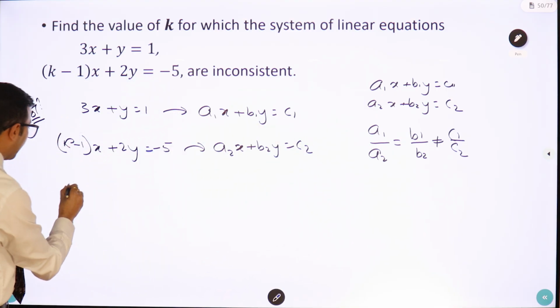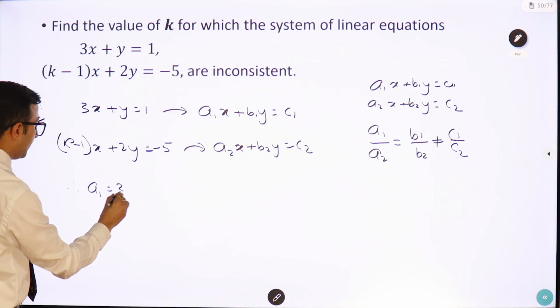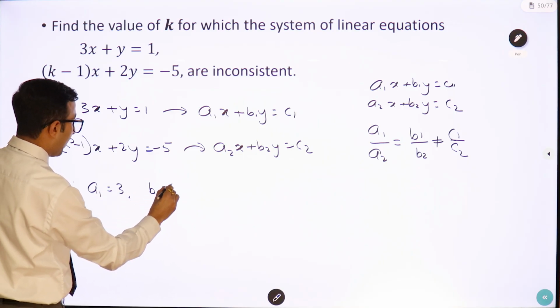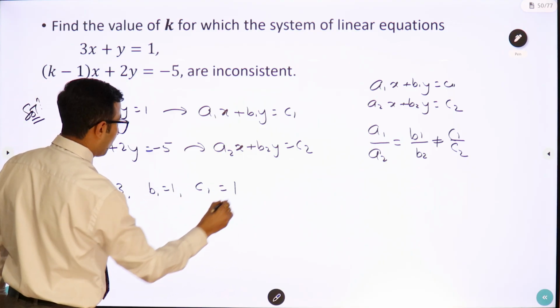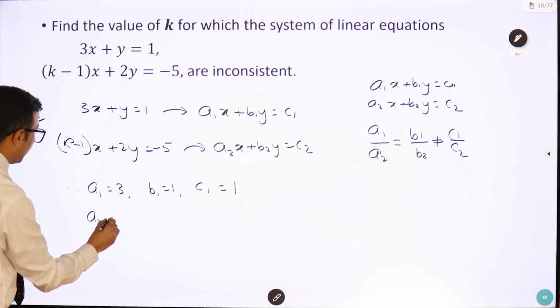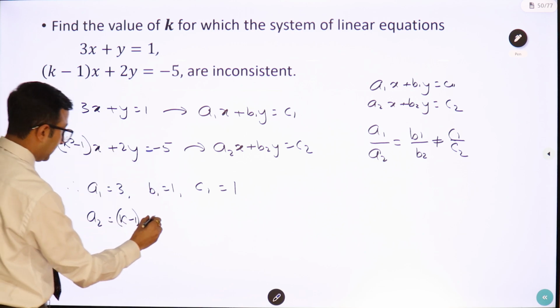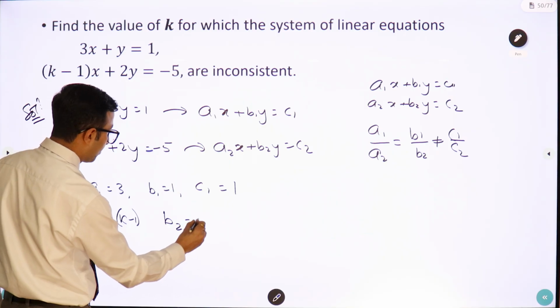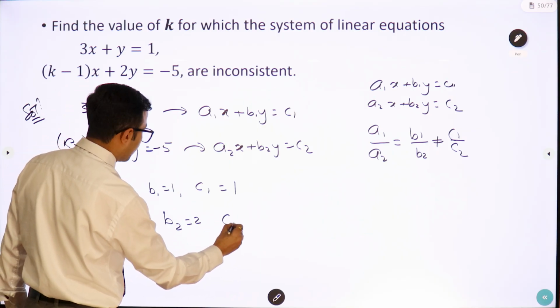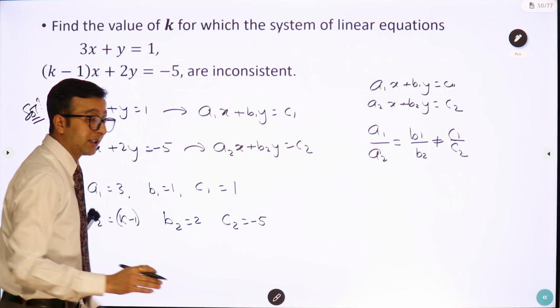Now compare it, you will get that the value of a1 is 3, b1 is 1, c1 is also 1, and the value of a2 is k minus 1, the value of b2 is 2, and the value of c2 is minus 5. So these are the values.